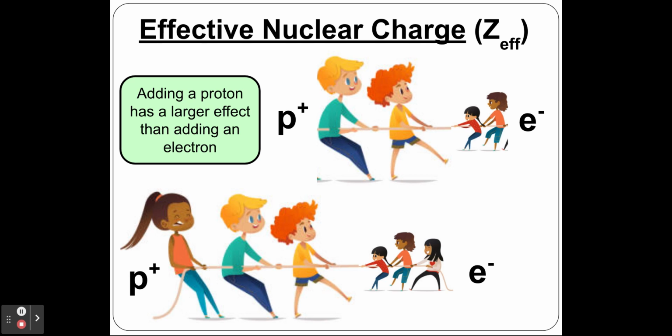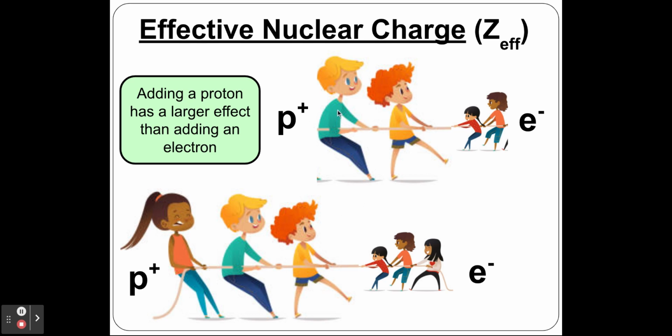And as I showed in my other videos, as you go across the period, the number of core electrons, and therefore the amount of shielding, does not change. Adding that one extra valence electron adds a little bit of repulsion, but adding that proton is going to have a bigger effect.